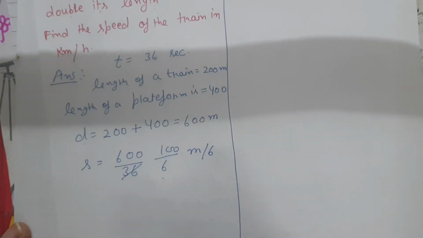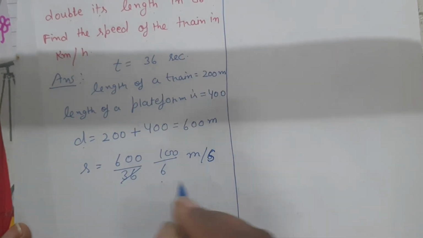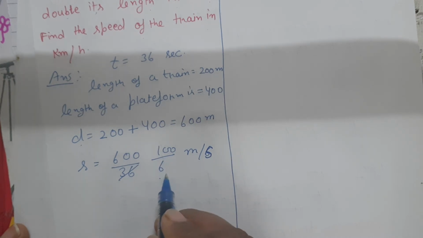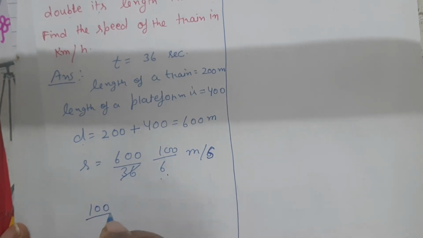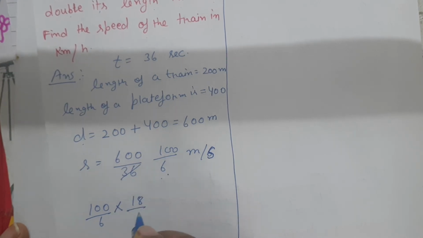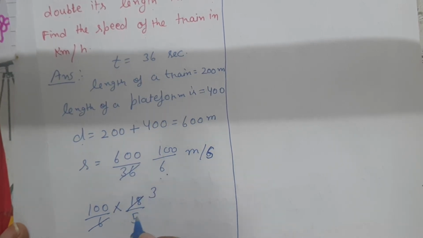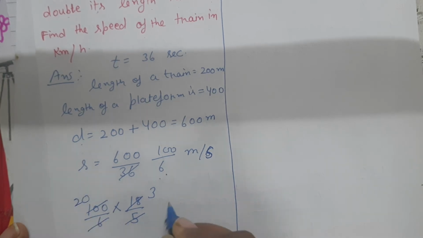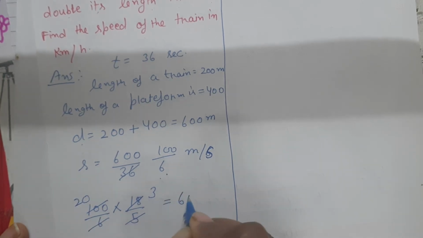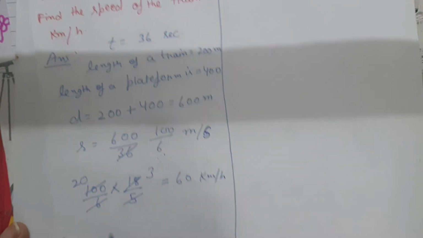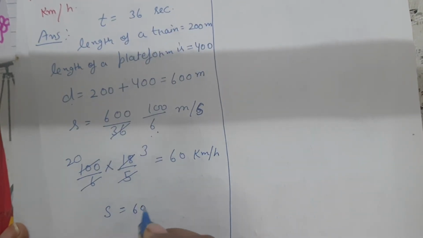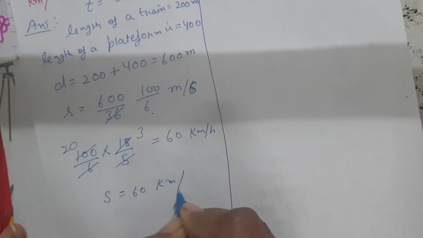And now we have to convert meters per second into kilometer per hour. So 100 by 6 into 18 upon 5. 6 threes are 18, and 20 threes are 60. 60 kilometer per hour. So speed is 60 kilometer per hour.